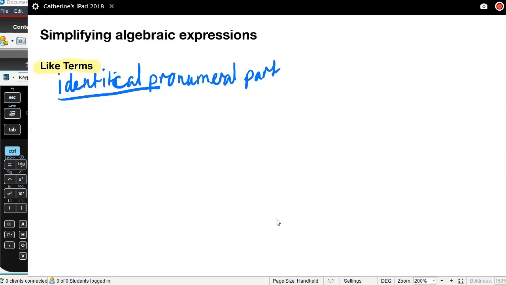So let me write some like terms, and then we'll also look at some not like terms, just as a reminder. So let's do example 1.